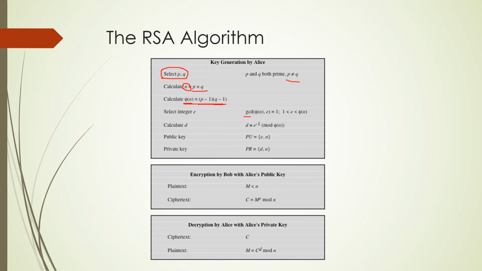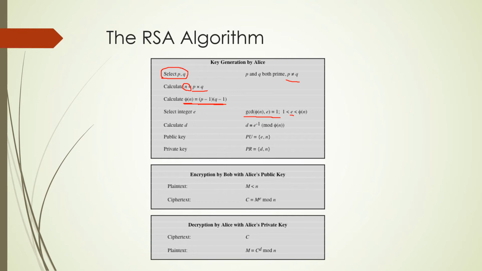So the greatest common divisor of phi of n and e is going to be 1, and e is, of course, between 1 and phi of n. Now, because n is a very large number, phi of n would be a very, very large number. But e is not going to be super large. I'll show you later the common values for e. That's going to be about 65K or so.